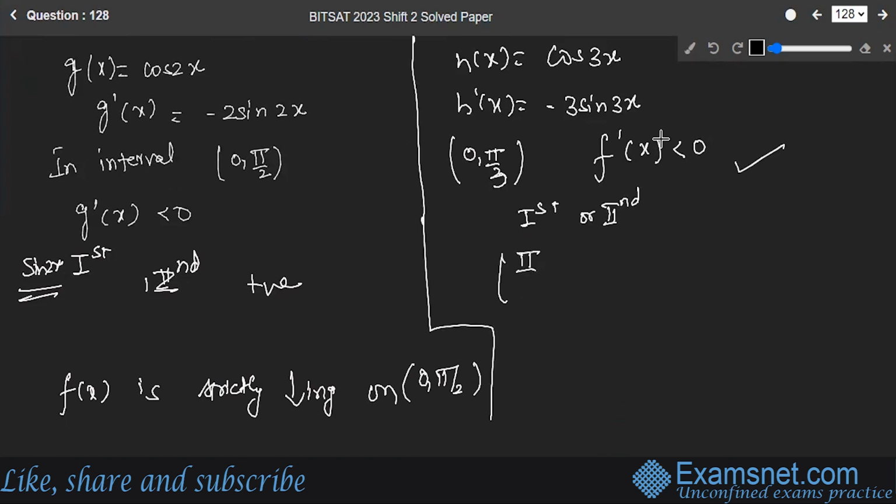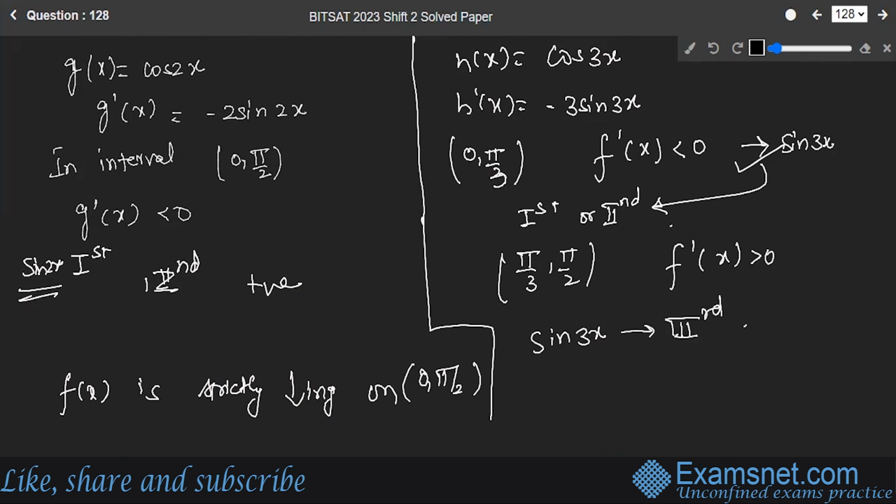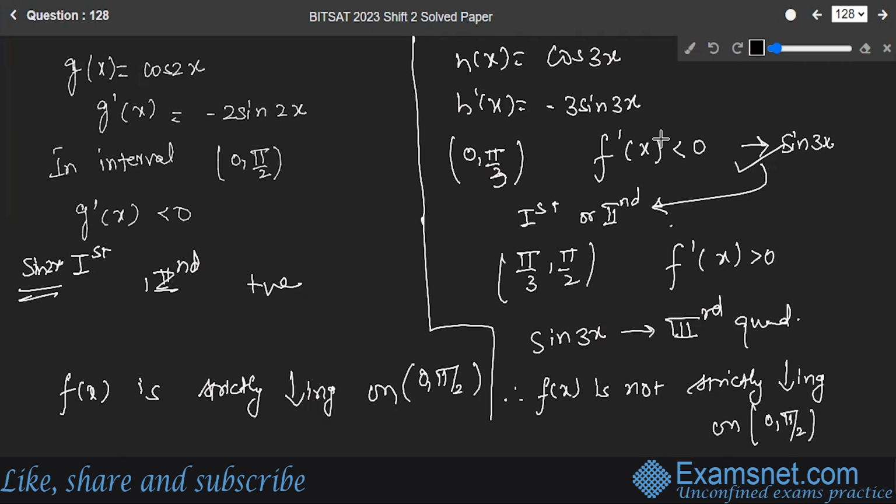If I consider the interval pi by 3 to pi by 2, this will be greater than 0 because here sine 3x will lie in the third quadrant. Therefore, h(x) is not strictly decreasing on 0 to pi by 2.